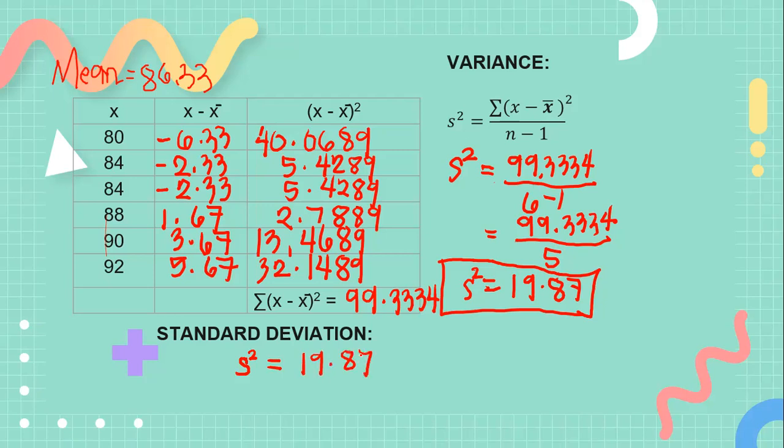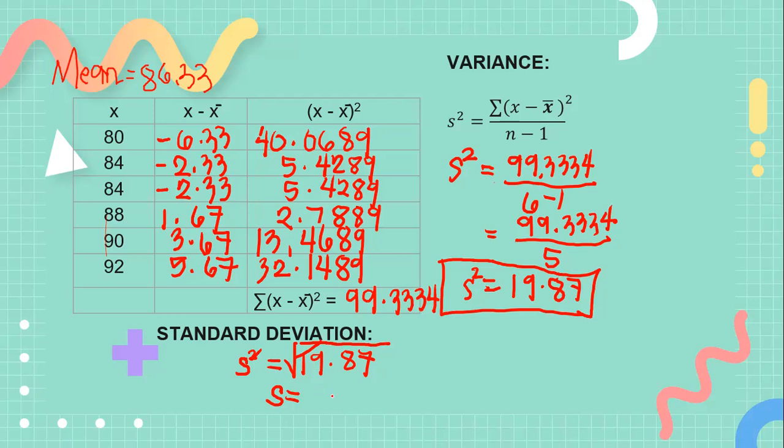Right? Now, to cancel this squared, we put a square root, right? So the square root cancels the squared. So what remains is s, which is the square root of 19.87.